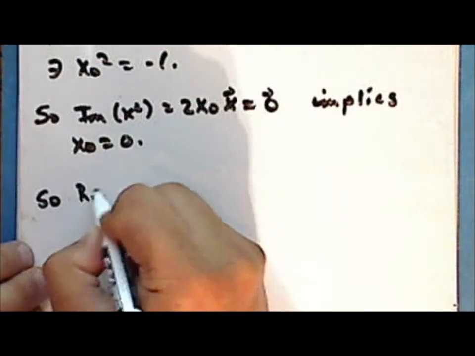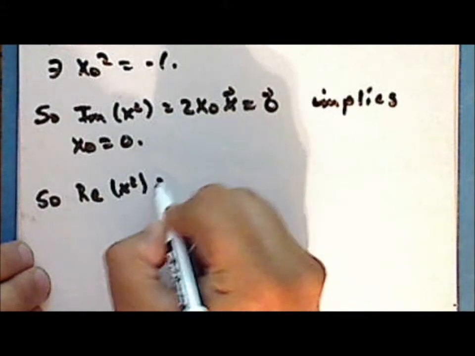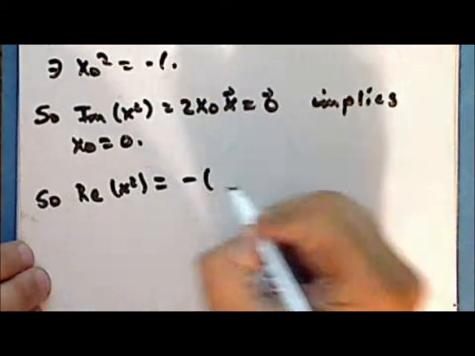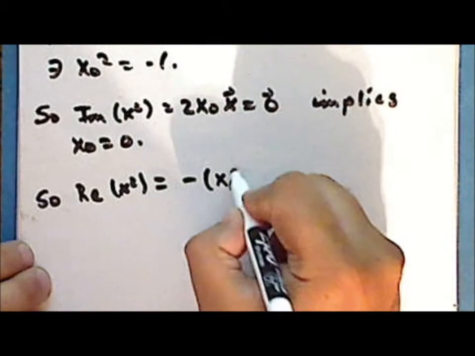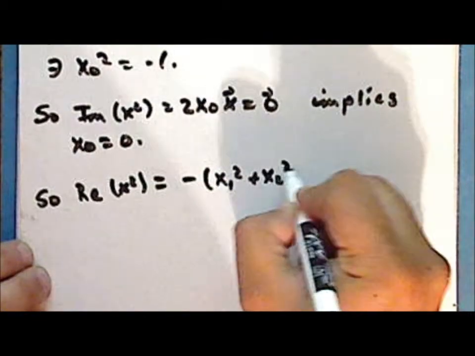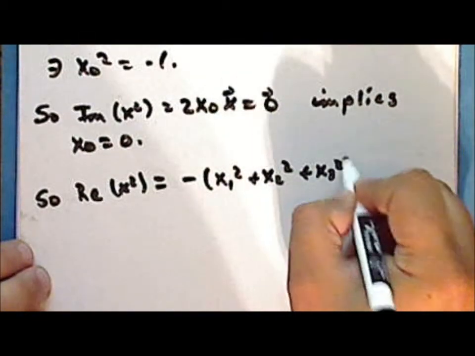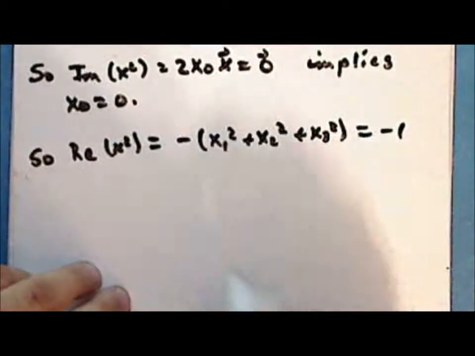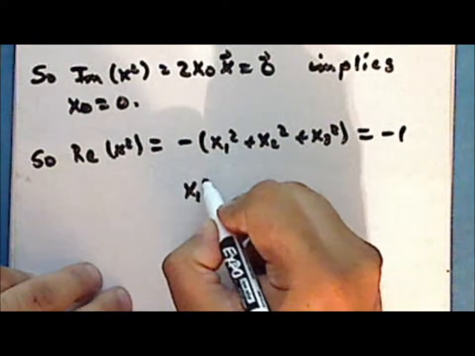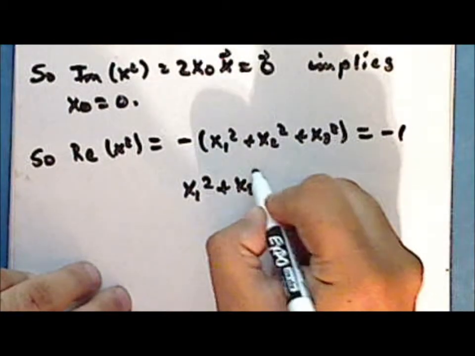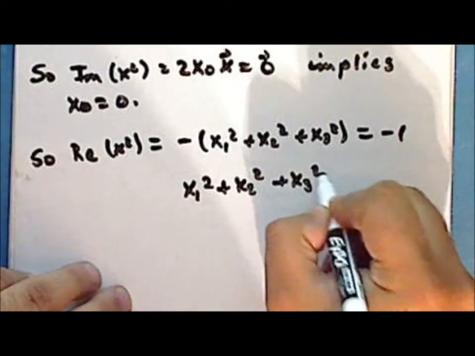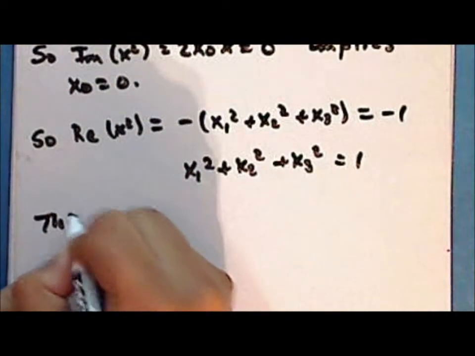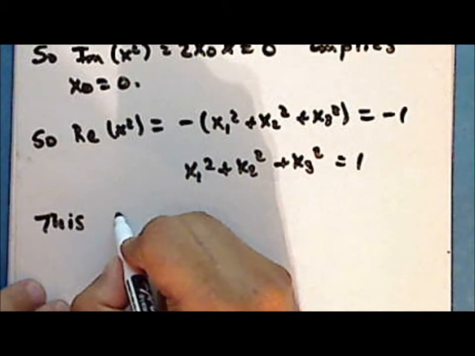And so the real part of x squared is the negative of the quantity x sub 1 squared plus x sub 2 squared plus x sub 3 squared, and this is equal to -1, so that we have the equation x sub 1 squared plus x sub 2 squared plus x sub 3 squared is equal to 1, and this is the unit sphere.